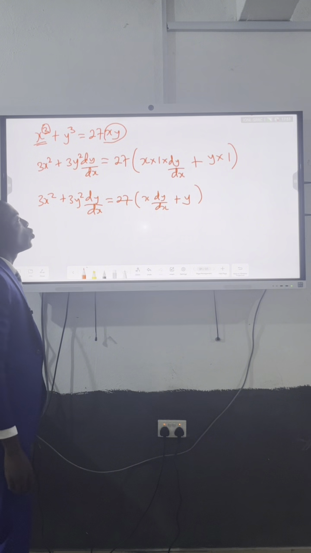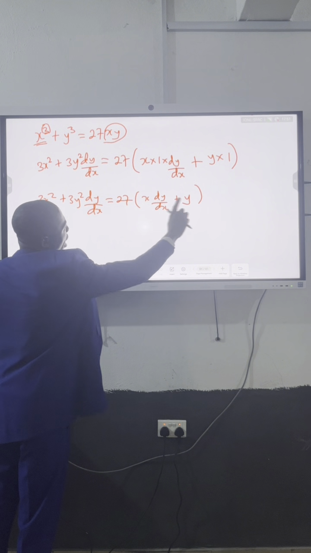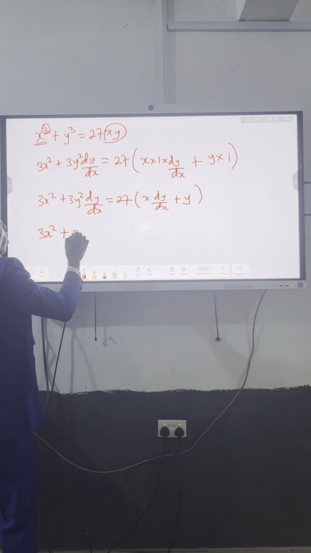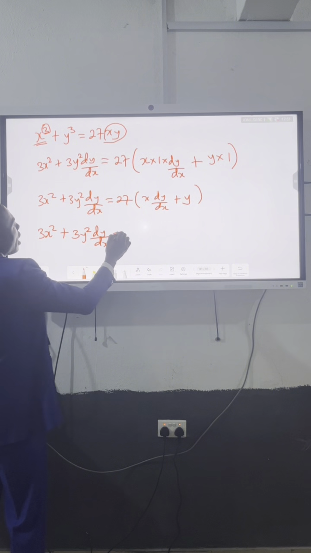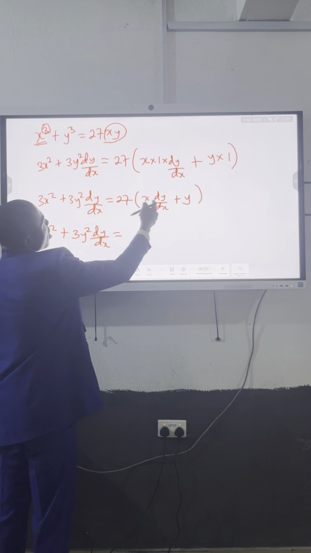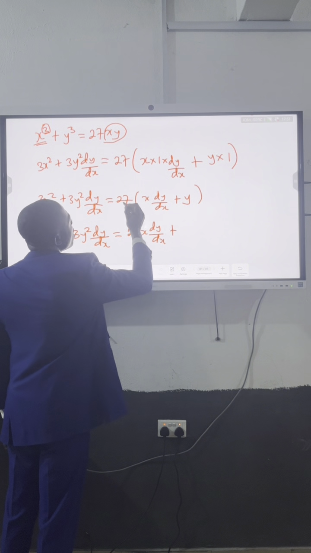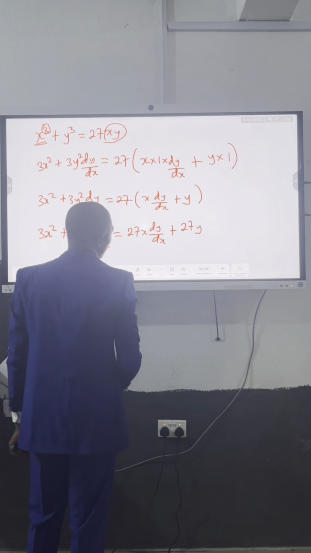The next thing to do is to use this 27 to clear the bracket. You're going to get 3x squared plus 3y squared dy/dx is equal to 27x dy/dx plus 27 multiplied by this one, 27y.